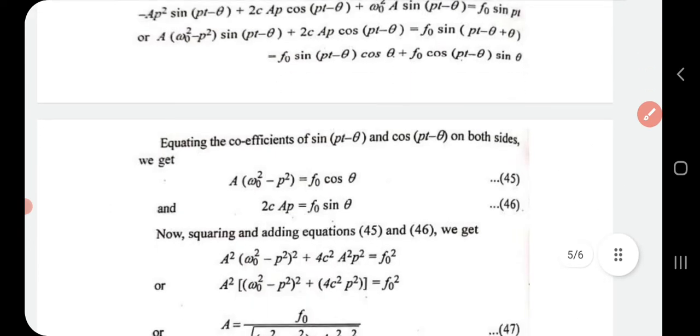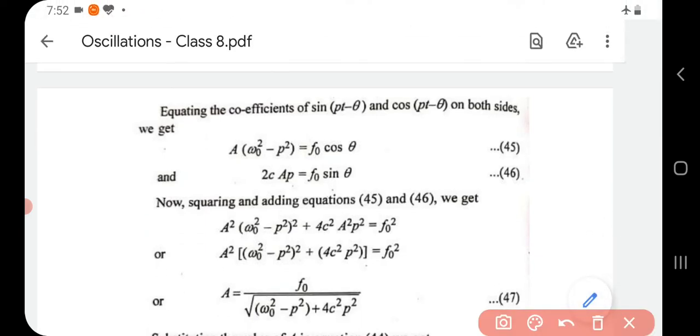Now what you do? You just equate the coefficients of sin(pt minus theta) and cos(pt minus theta) on both sides. On equating, you will get equations 45 and 46. Right? Now just square and add equations 45 and 46. This will give you a times omega0 square minus p square, you are just squaring it and adding.